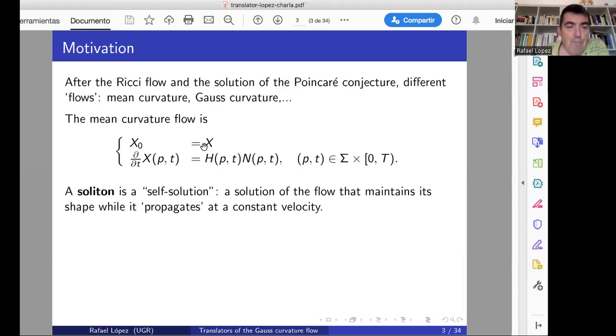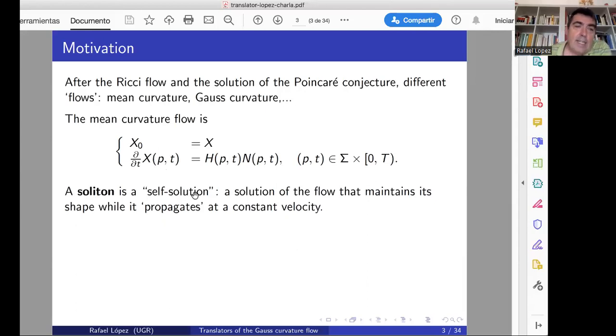Okay. But from physical motivation, it's interesting to consider some special solutions of this equation, of this evolution. The special solution is called a soliton. I think the English translation is self-similar solution.